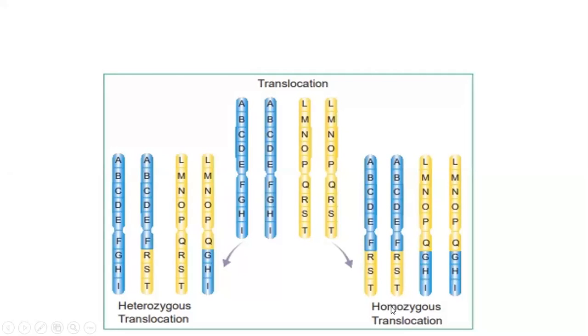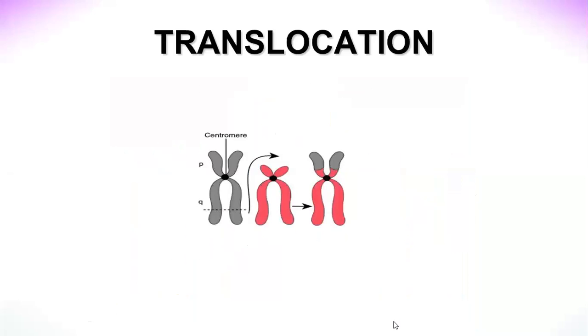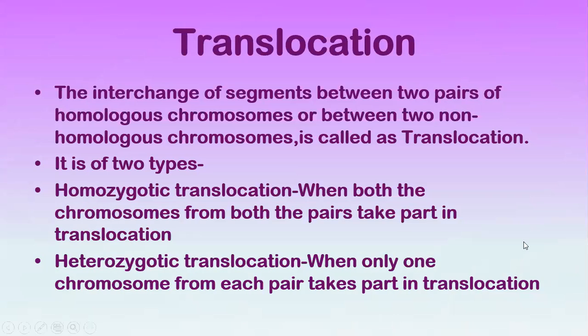So it is called homo. Homo means same or similar gamete and zygote. This type where both the segments from both the chromosomes exchange their genes is called homozygous translocation.